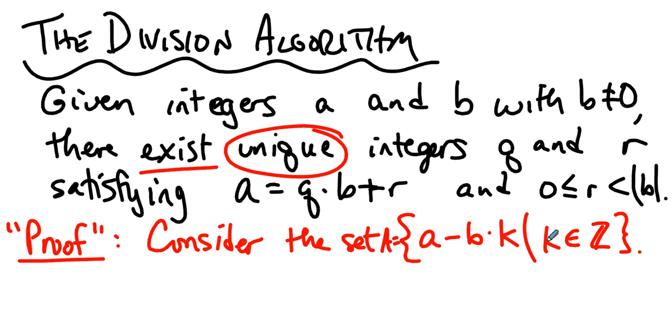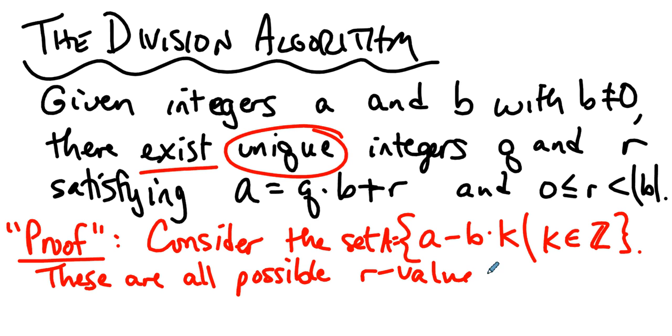That's what this set does. These are all possible r values. If there's going to be an r, it's going to come from here. How do we know? Because r is a minus q times b.